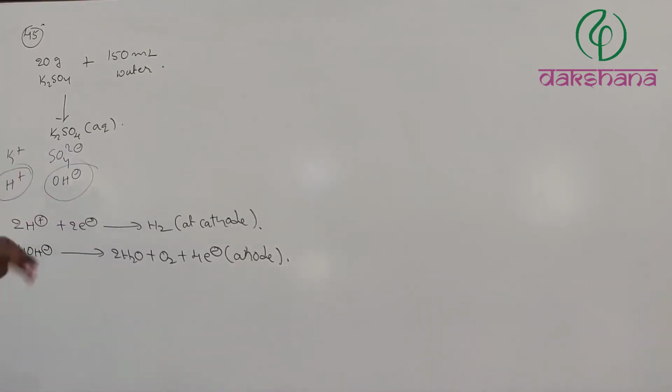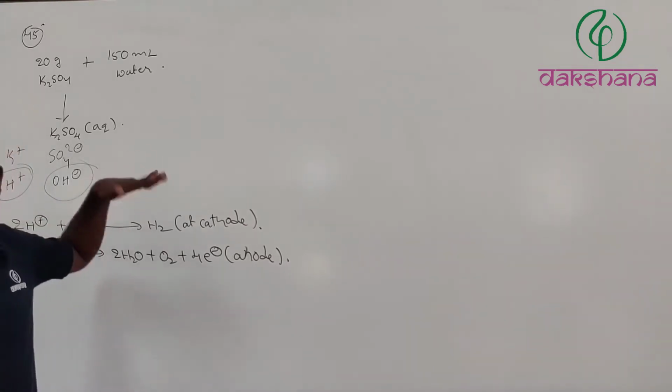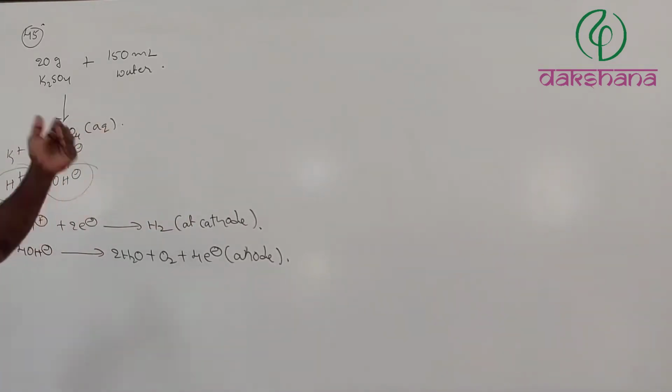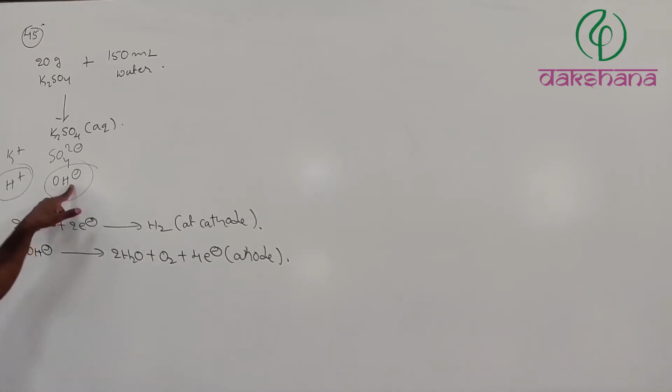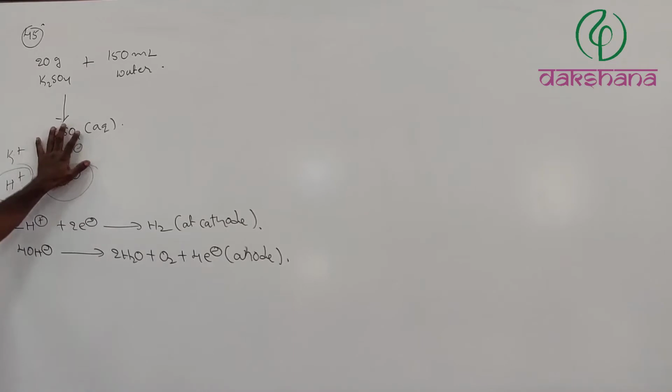Potassium sulfate is not going to be evaporated, because neither the K+ ion nor the SO4^2- ion is going to be discharged. Then which ions are going to be discharged? H+ ion and OH- ion only can be discharged. Because of that reason, both H+ and OH- are going to be discharged. K+ and SO4^2- ions are going to be present in that solution only.